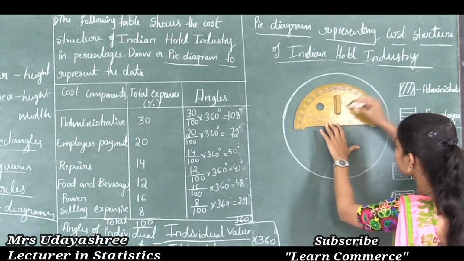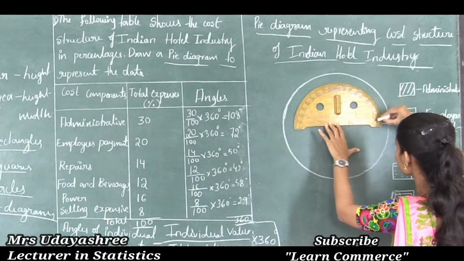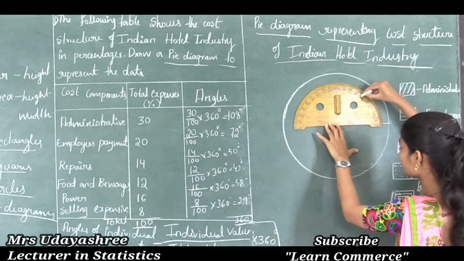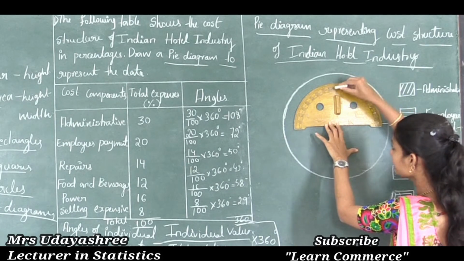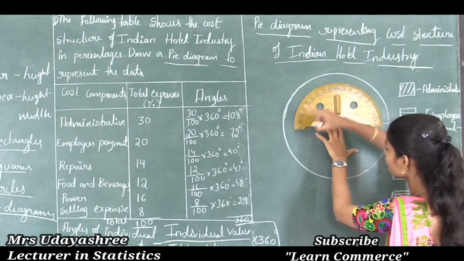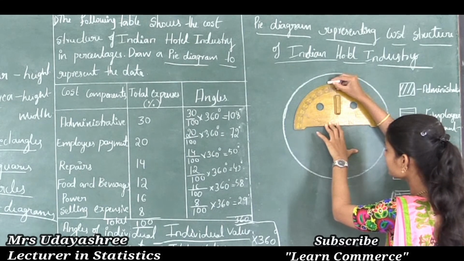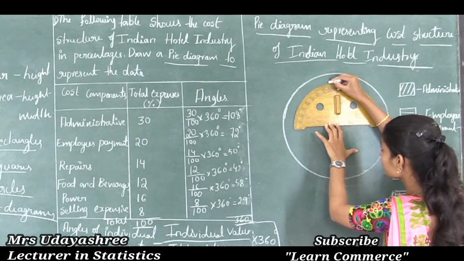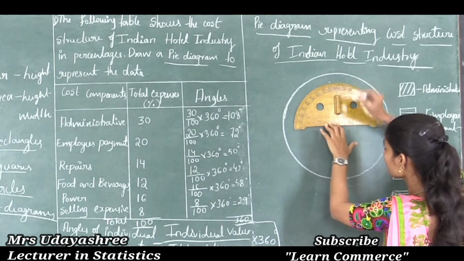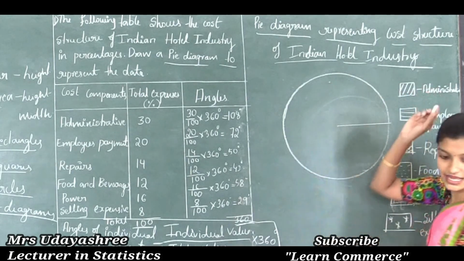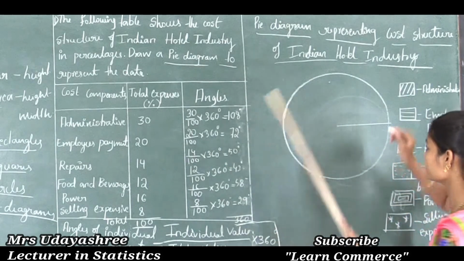Here it is 0, 10, 20, 30, 40, 50, 60, 70, 80, 90, 100. So 100 is here, 109 is here, 108 is here. So here I will put one mark like this. After that I will join these lines like this.